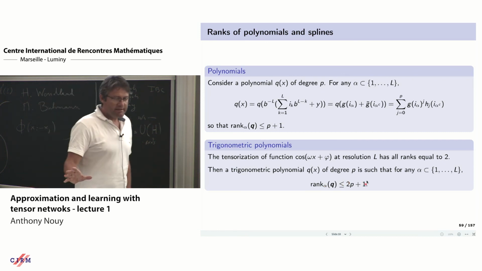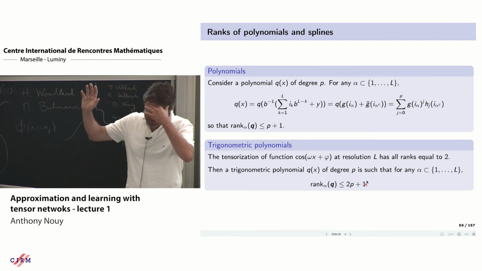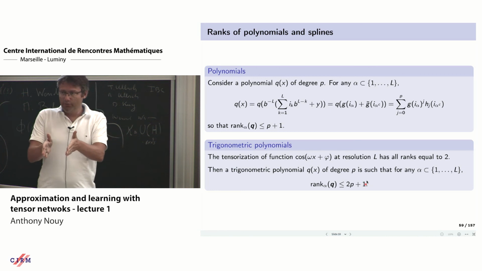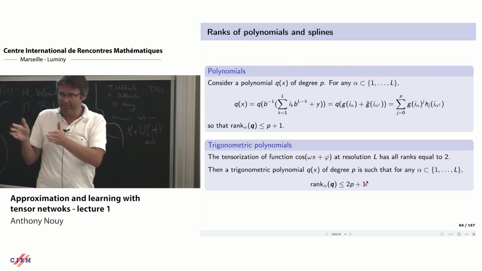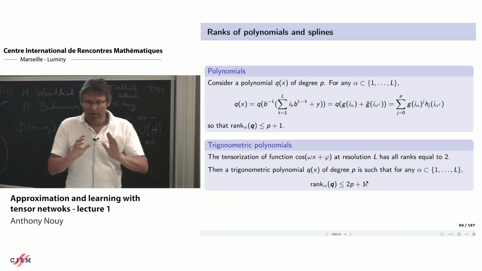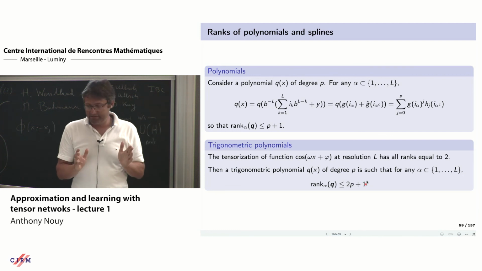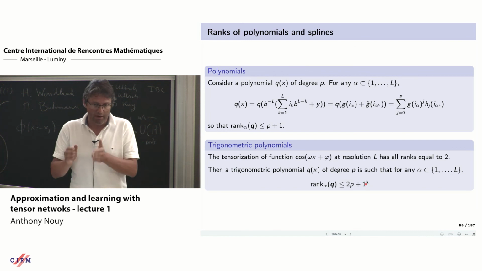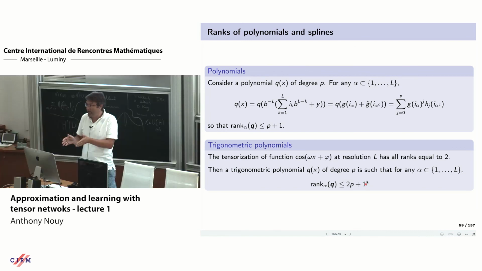So what does it mean? You will see the approximation results later. This type of result will be used a lot for these approximation results, where we use approximation results that we know for polynomial approximation and approximation with trigonometric polynomials.